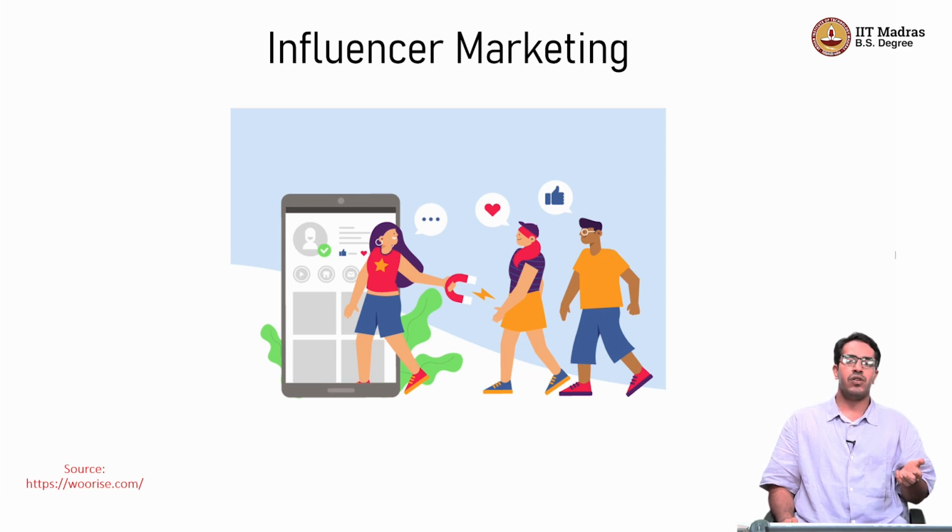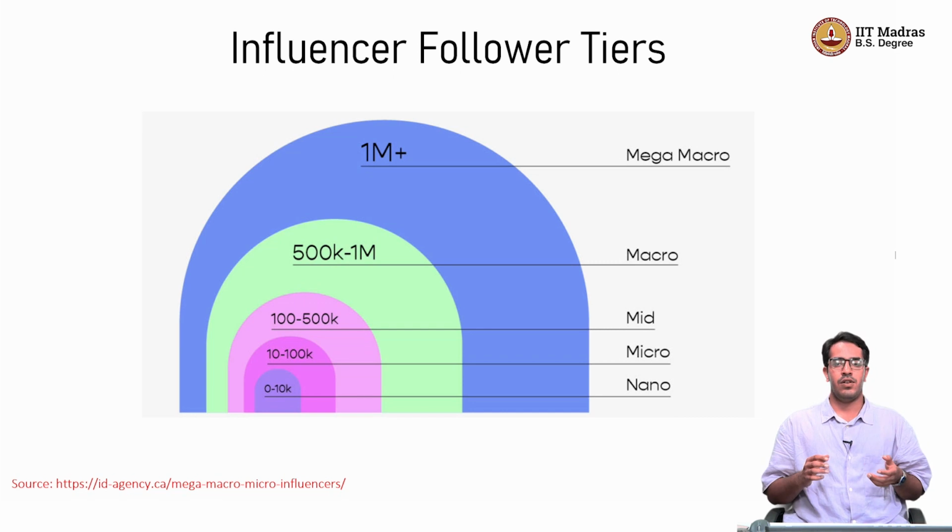If not, the users you gain will churn quickly because you have acquired the wrong set of audience. On screen here we see different levels of influencers based on their followers. We have nano, micro, mid, macro and mega macro depending on the number of followers that they have.